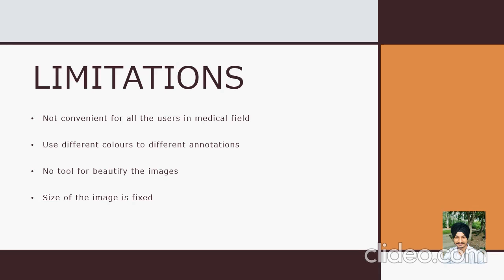Moreover, the tool has been designed to provide annotation on medical images, so the features to beautify the images have not been implemented. The size of image in the web application is already fixed. It cannot be changed as per its original size.